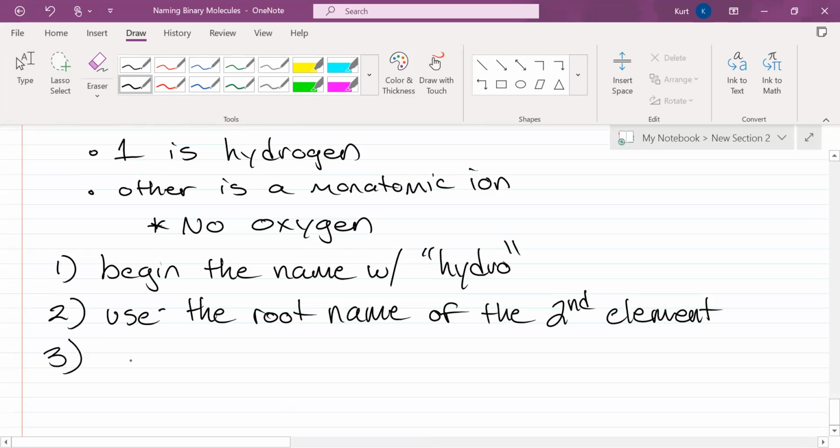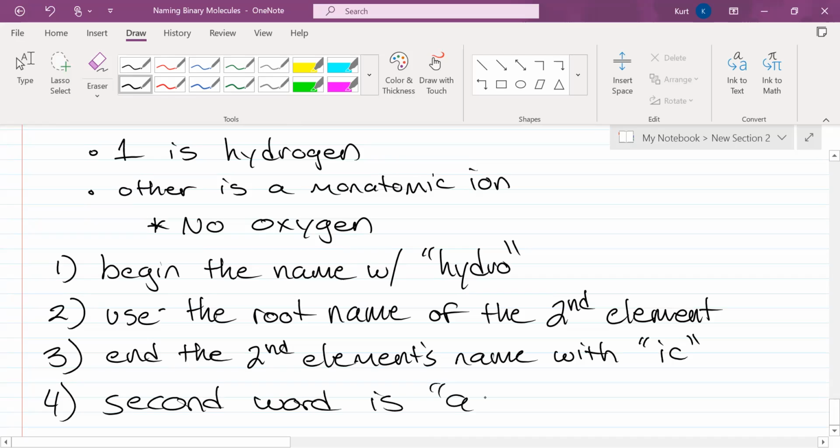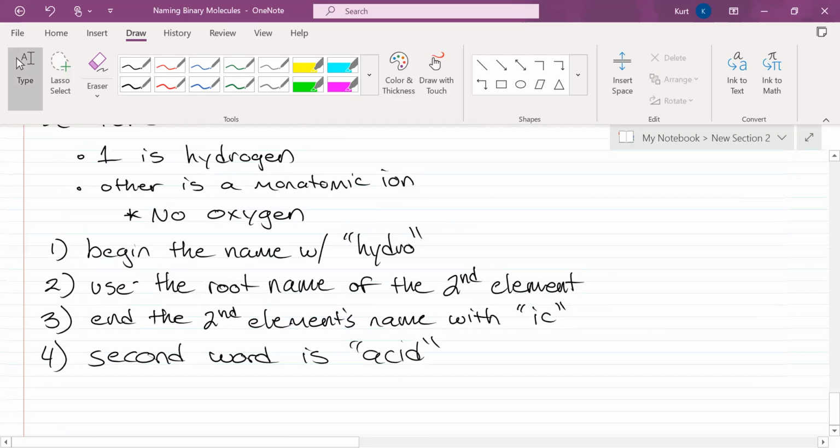Number 3, you end the second element's name with IC, ick. And step 4, the second word is acid. That's it. So let's do 5 practice ones here, then we'll do oxyacids again.